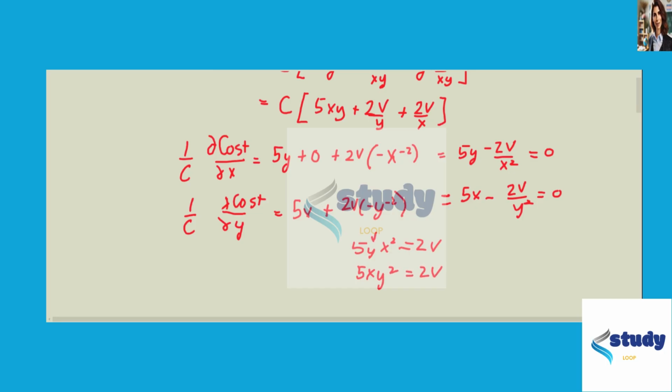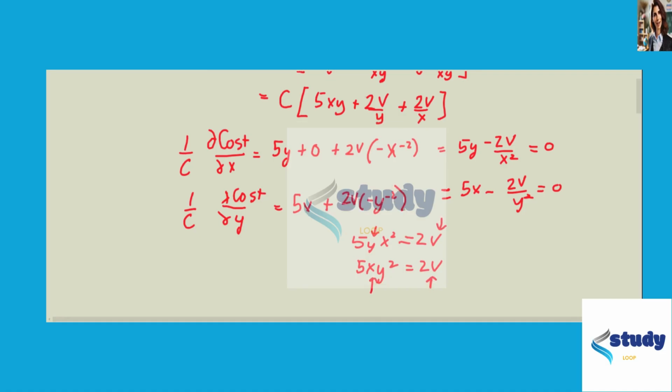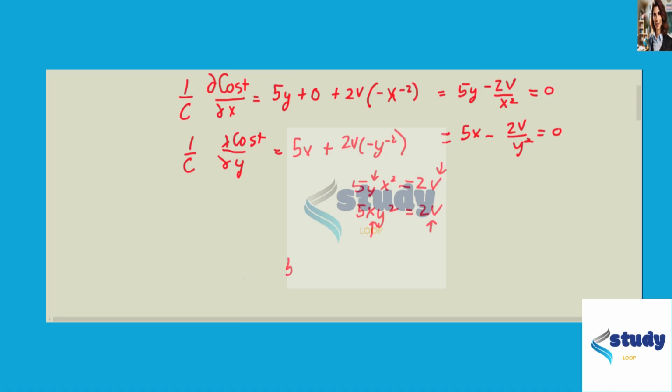Well, if this equals 2V and this equals 2V, then they must equal each other. Okay, so 5XY squared equals 5YX squared. Okay, neither X nor Y is 0, so we can divide by it. So I'm going to divide by 5XY on both sides. And that gives me Y equals X.